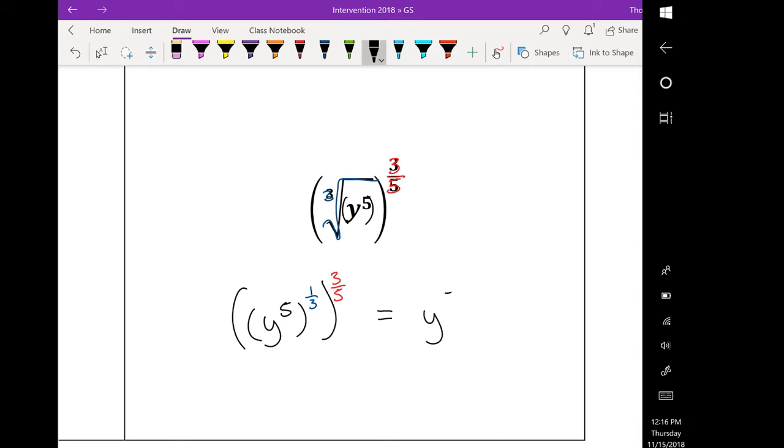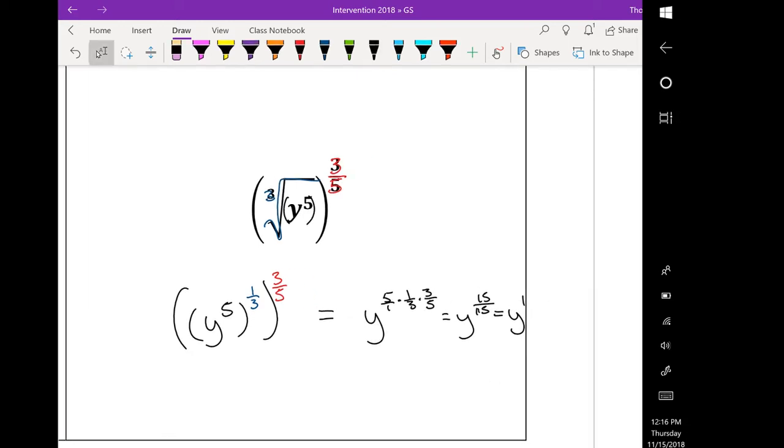If I wrote those all out in fractions, it's going to be 5 over 1 times 1 over 3 times 3 over 5. That's going to give me 5 times 1 times 3, that's going to be 15 on top over 1 times 3 times 5, 15 on bottom. Well, 15 divided by 15, that's just 1. So that's going to be y to the 1st power, or altogether just y.